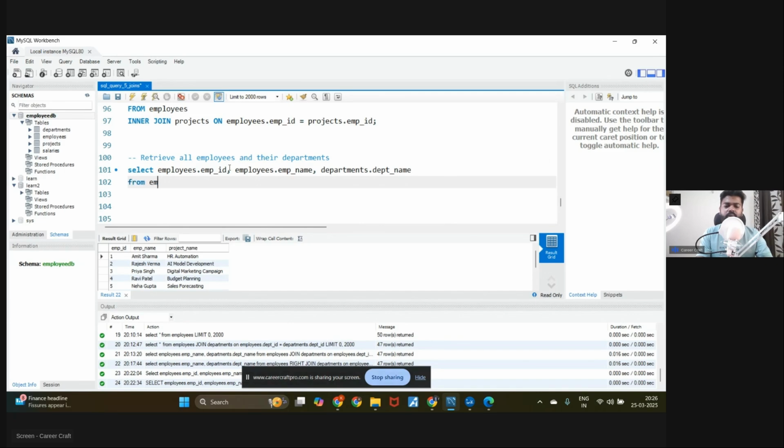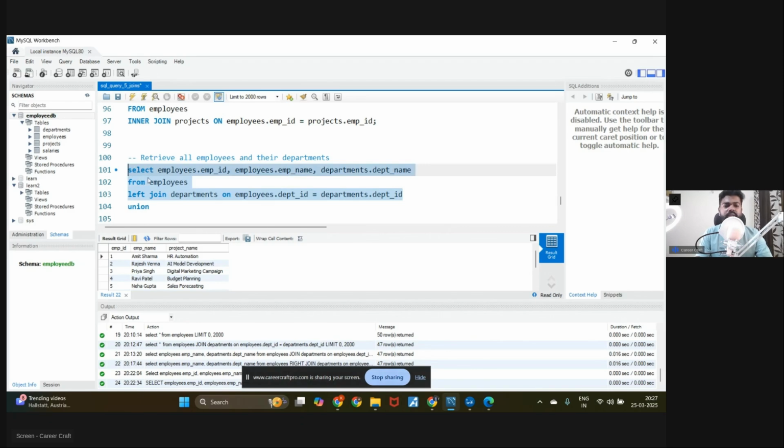Then from employees, you will do a left join departments on employees dot department id equals departments dot department id. Done. And you have to do this union with the right join. So now just copy paste this.